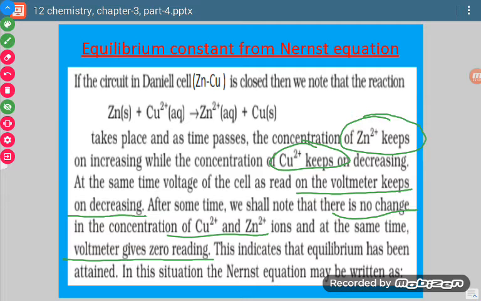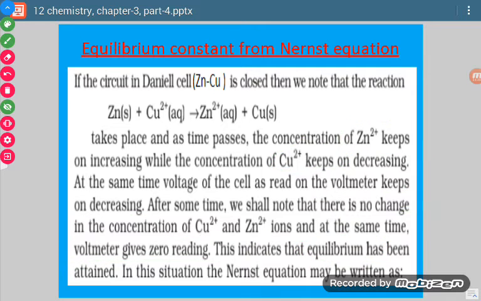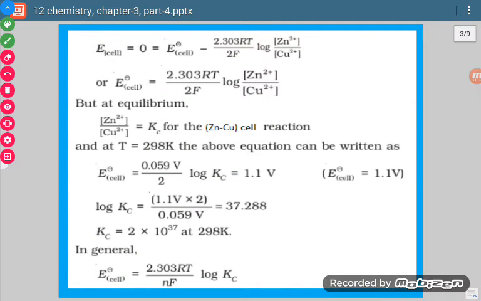Equilibrium is defined as the stage when no appreciable or observable change is seen. When the cell doesn't give any voltage, we can write this equation in the form of equilibrium, and then we write the Nernst equation like this. E cell is equal to 0.